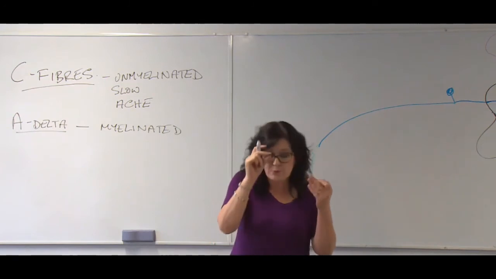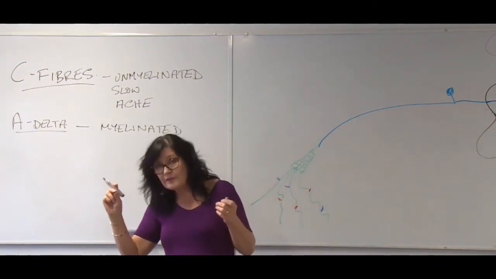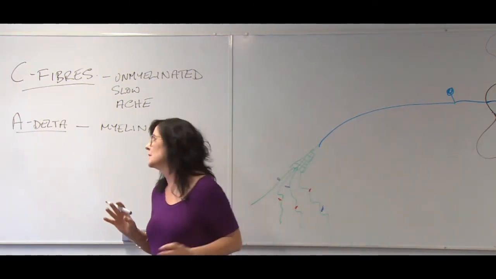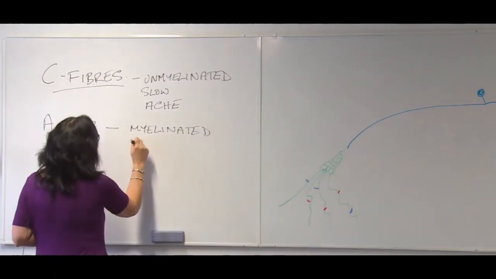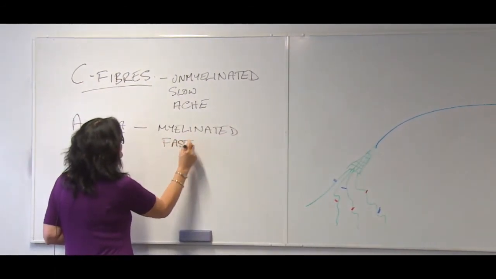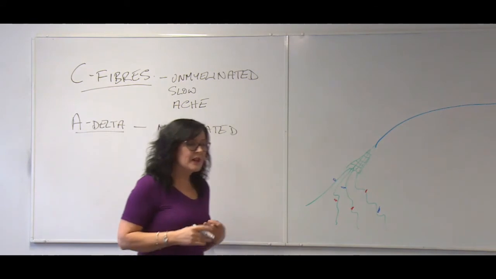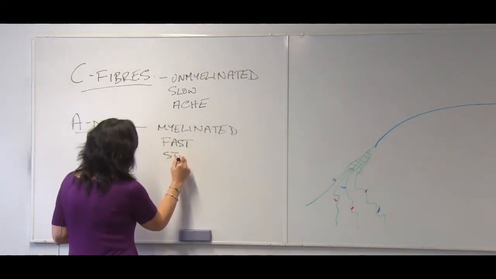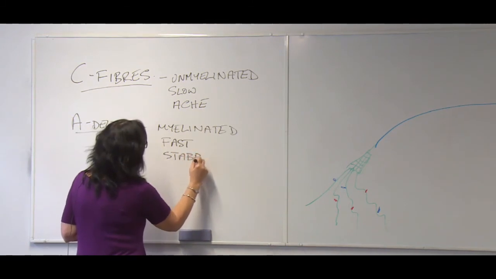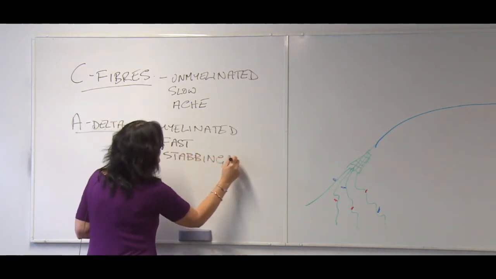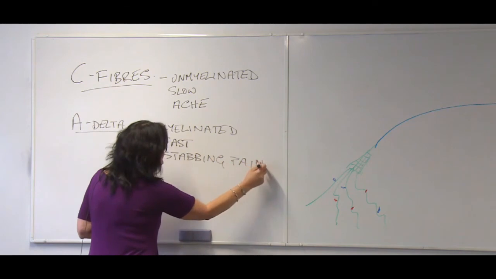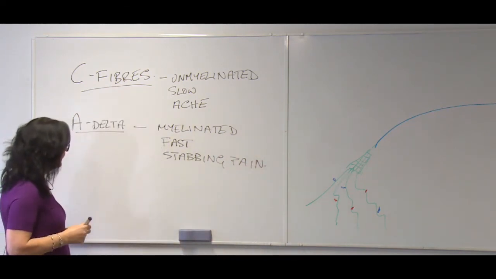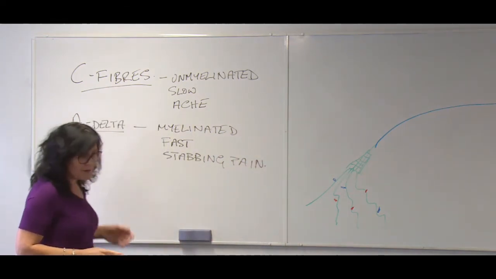Saltatory conduction, remember, skips from node of Ranvier to node of Ranvier, much faster. So they're fast in comparison. And these give us the stabbing or burning type of pain. So if you activate these, you get stabbing pain. So we talked about fibres.